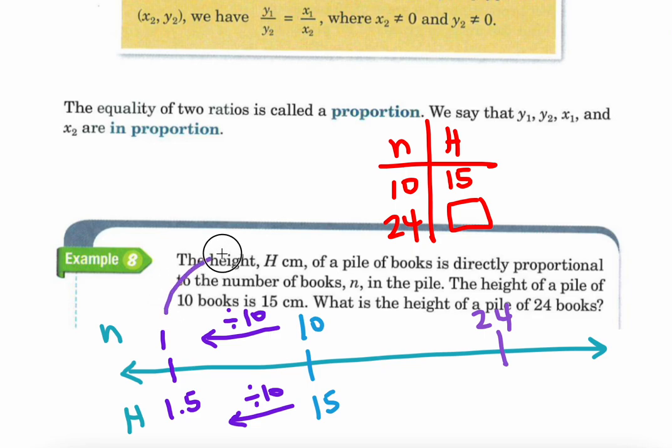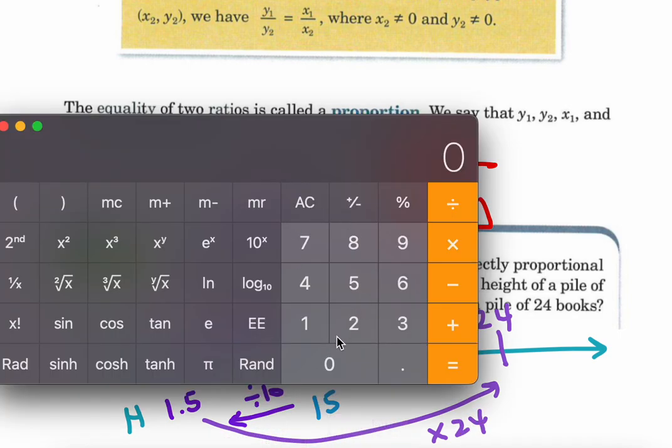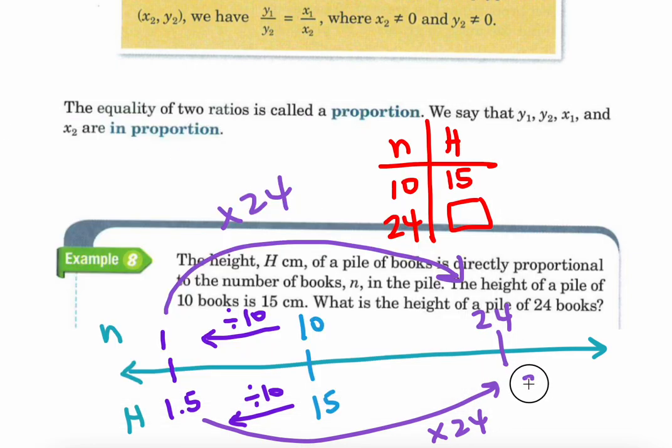So 1 needs to multiply by 24 to get to 24. So then, of course, 1.5 also needs to multiply by 24 to get to the answer. 1.5 multiplied by 24 gets you to our answer of 36, okay? So just like the problems we worked on previously, many different methods to solve this because it is directly proportional.